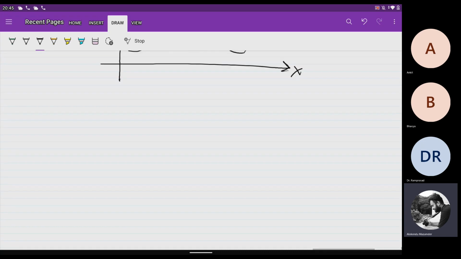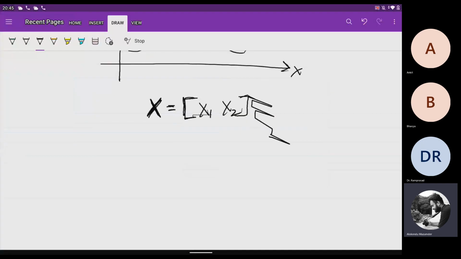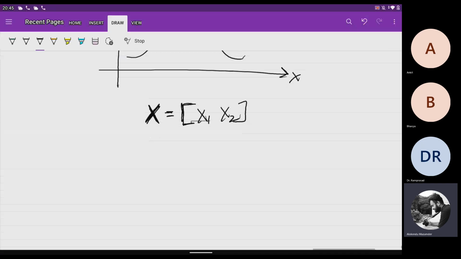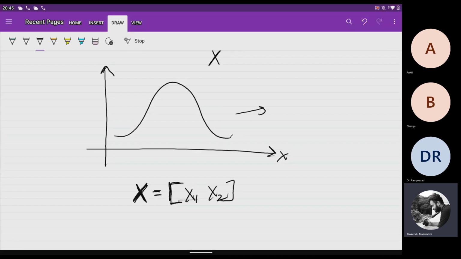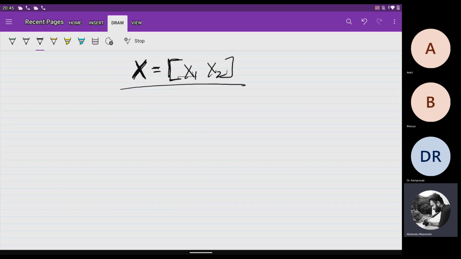Now, if I say I have a random vector x, which consists of two random variables x1 and x2, here it was basically a one-dimensional Gaussian, right? I will visualize how the two-dimensional Gaussian looks.